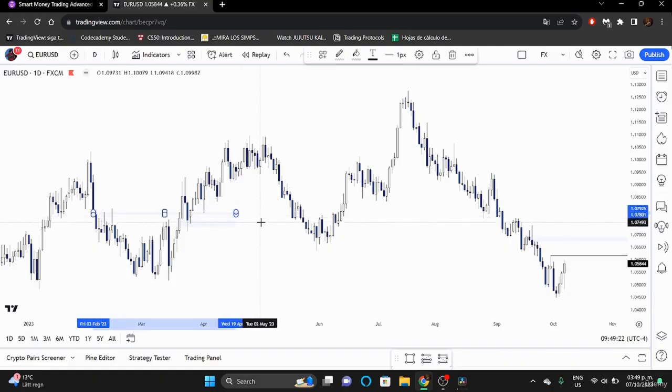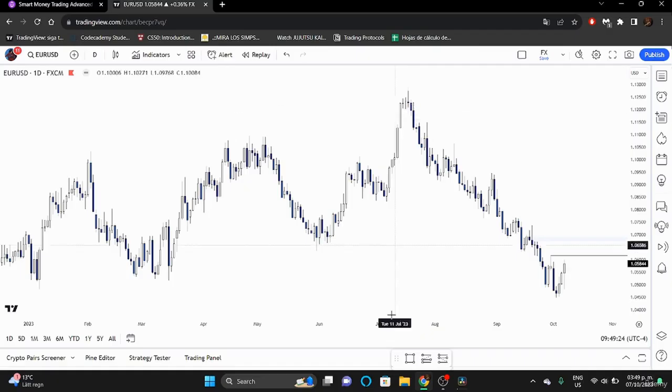Okay? Then we had this volume imbalance at this point. As you can see, it's used as support, the same as this volume imbalance right here. Both of them are real support.